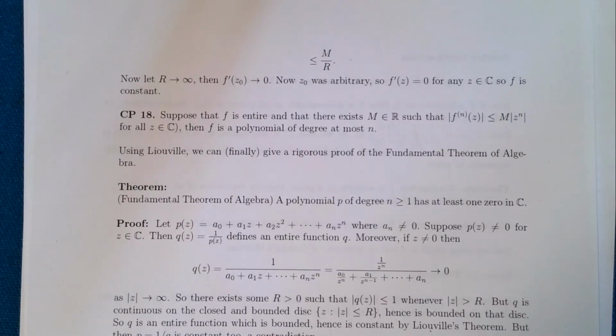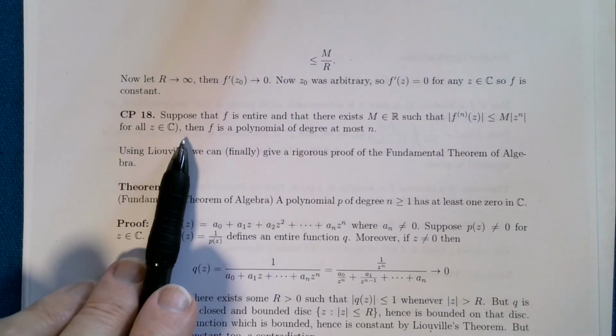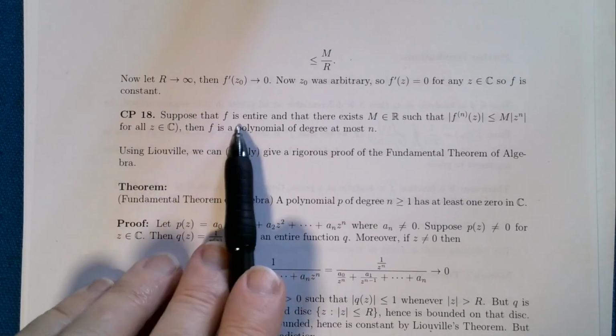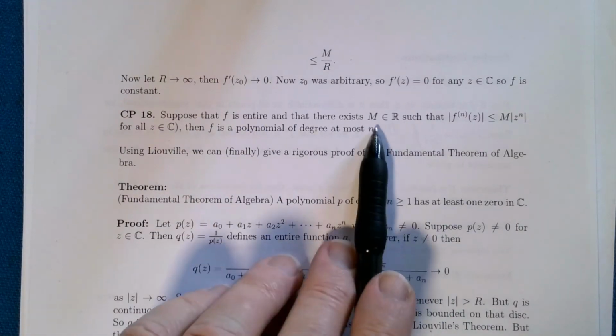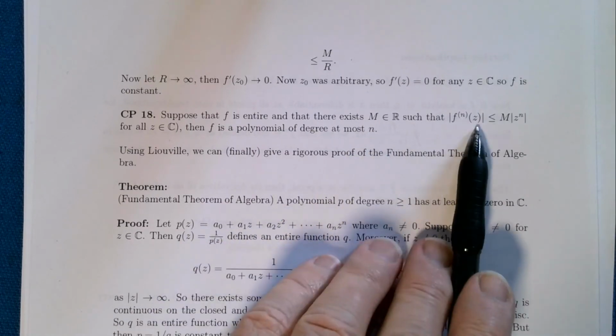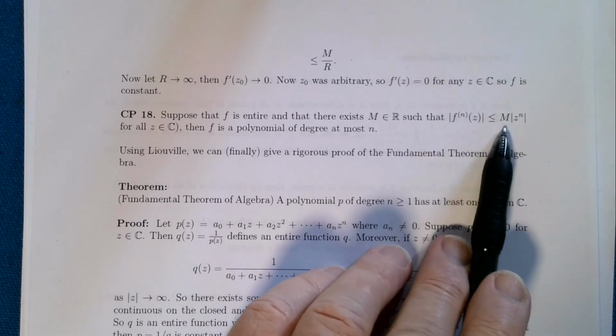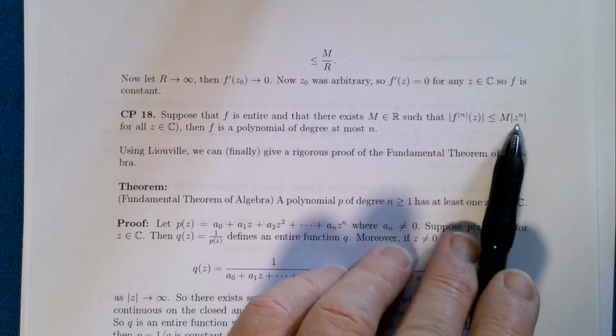Well, a little challenge problem, which is a very nice one to do, uses exactly the same idea as we did above. We suppose f is entire, and that there is an M, which is real, so that the nth derivative at z in modulus is less than M times the modulus of z to the n.